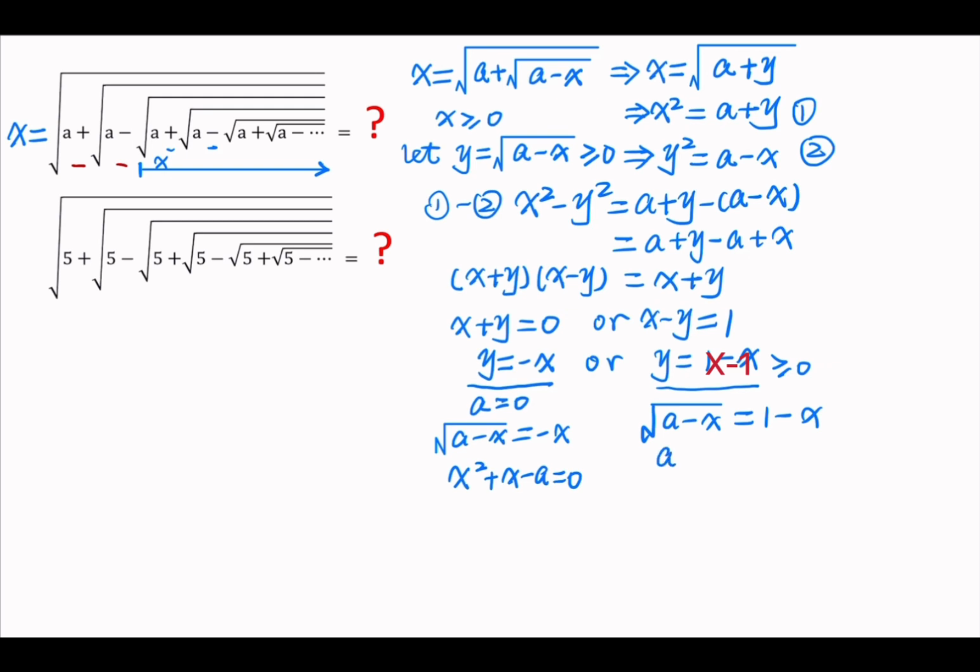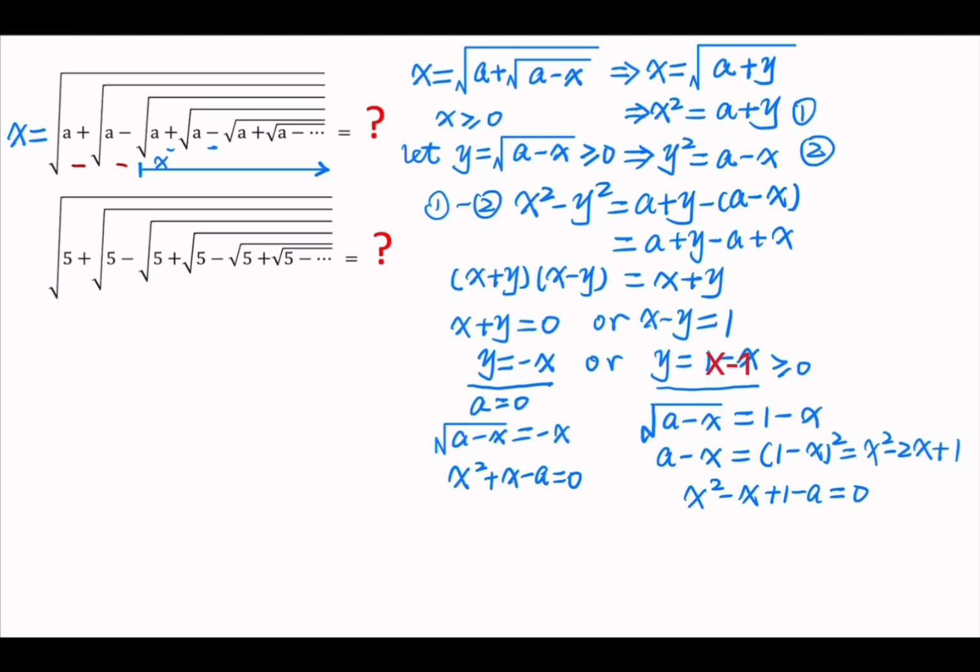We square both sides, get a minus x equals 1 minus x squared, which equals x squared minus 2x plus 1. And then we organize as x squared minus x minus 1 plus 1 minus a equals 0.